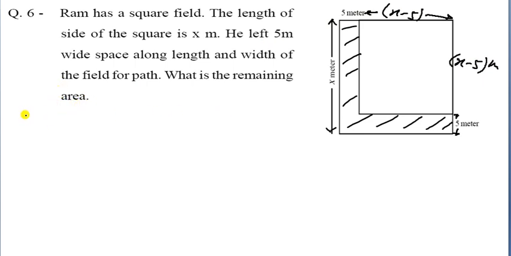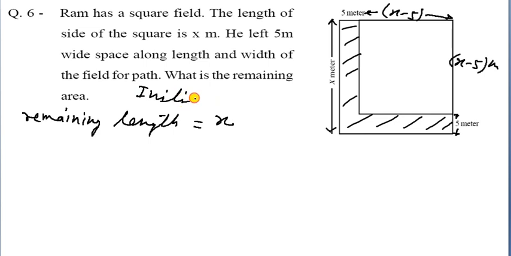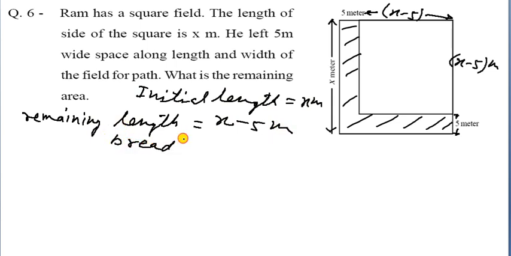So remaining length is equal to x, the initial length x meter, minus 5, so the remaining length is x minus 5 meter and breadth is also x minus 5 meter. So now find the area of this one.